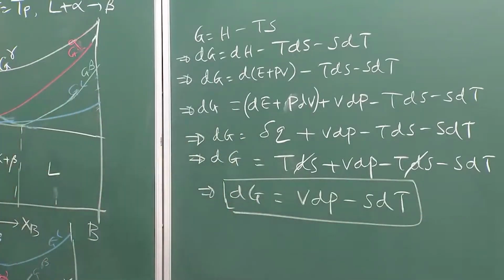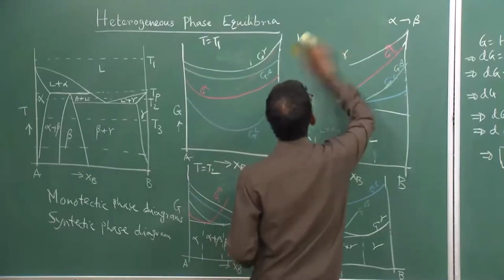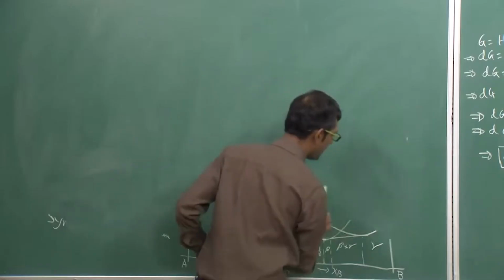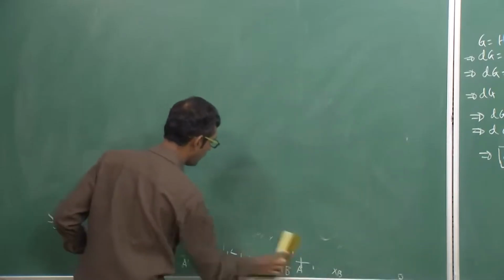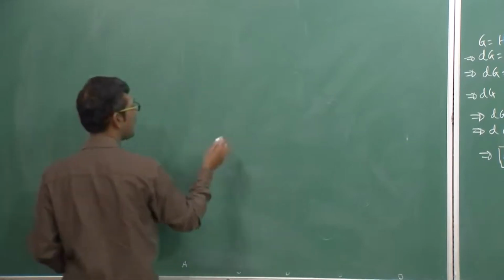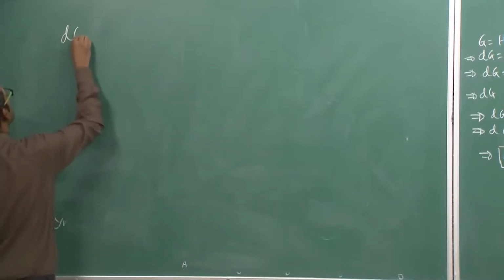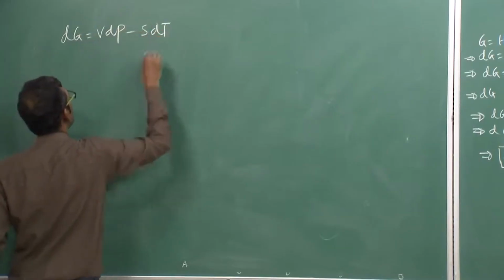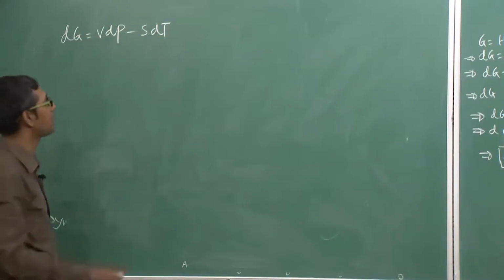Am I right? So let us suppose there are two phases, one is alpha, the other one is beta. So we will write down the same expression for alpha and beta and then see what happens at equilibrium. As you see, dG is nothing but VdP minus SdT. And we assume there are two phases, one alpha, one beta.